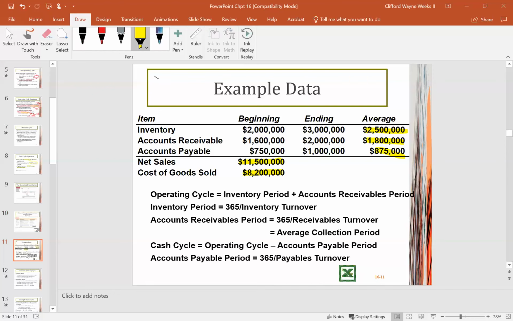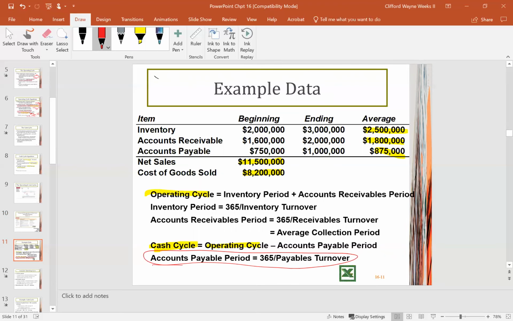To find out the inventory period, we first need to figure out the inventory turnover. We're also going to have to do that same thing for the accounts receivable. Then finally, the cash cycle consists of the operating cycle, same thing up here, subtract the accounts payable period.